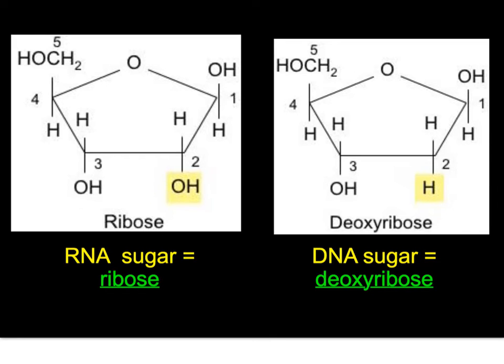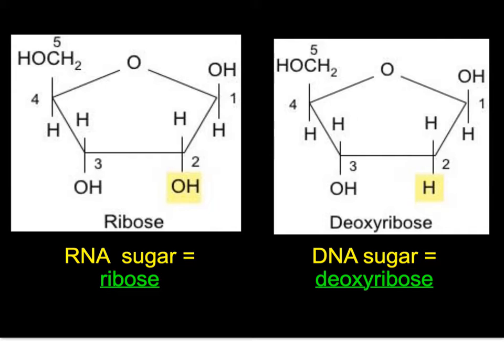Now, let's talk about this difference between ribose sugar and deoxyribose sugar. If you look at these 2 sugars, you'll notice that they're both ribose sugars, but there's something different about the 2, and it is highlighted, so I'm hoping that you're noticing it. This ribose sugar has an oxygen and a hydrogen here, whereas this one only has the hydrogen.